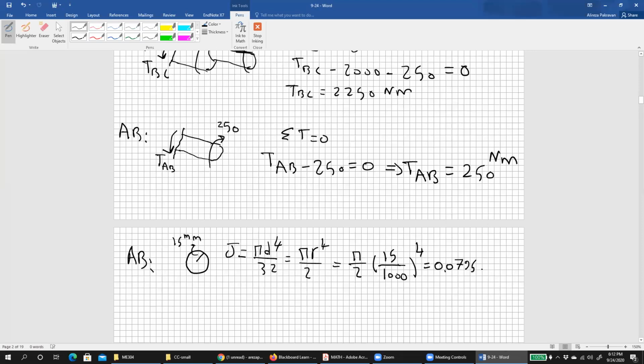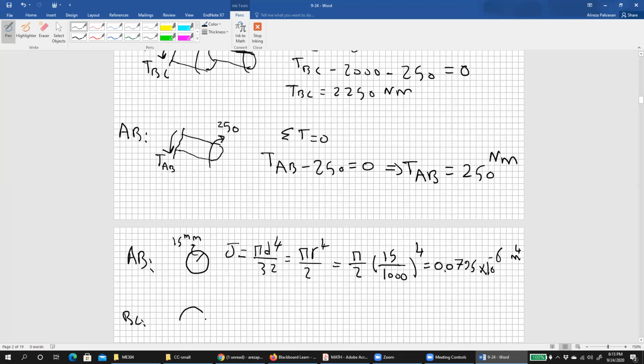So guys, now please give me the unit. Meter to the 4, right?